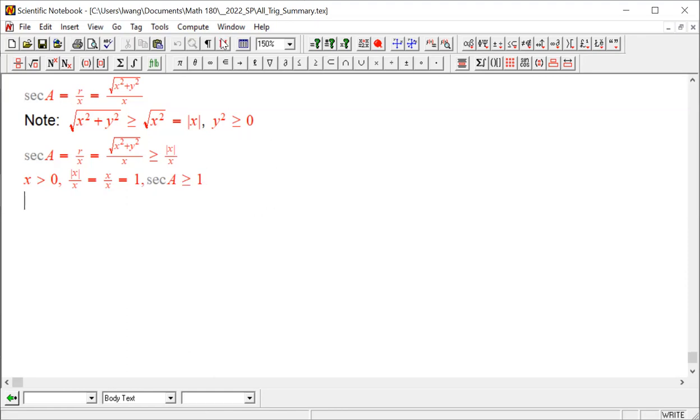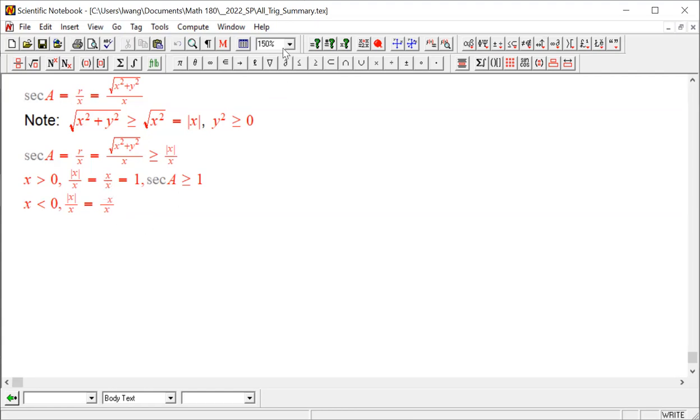What if x is negative? If x is negative, secant of A, so what do we have here? The absolute value of x, if x is negative, is going to be its opposite.